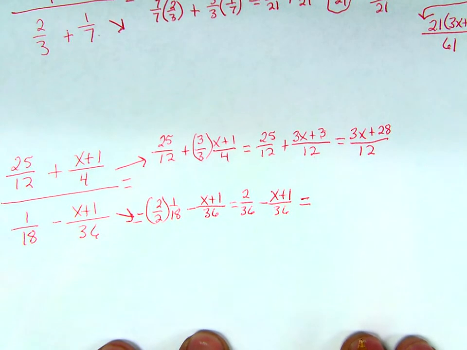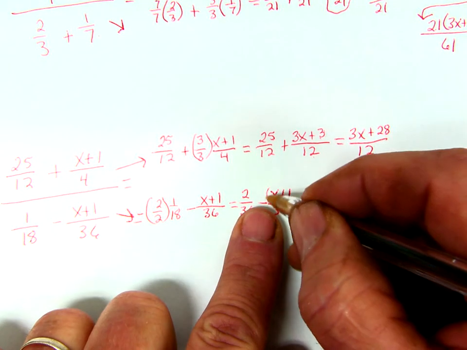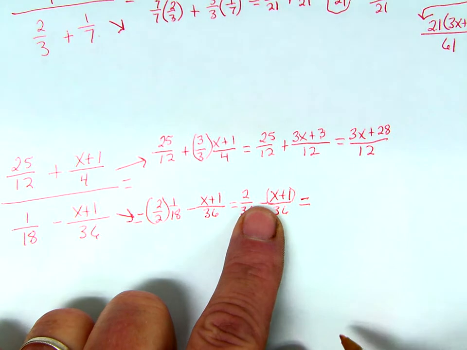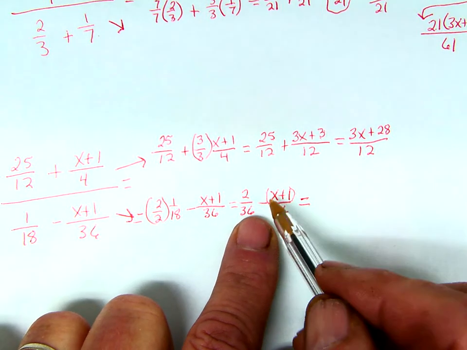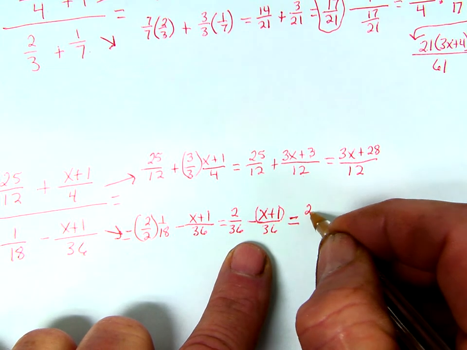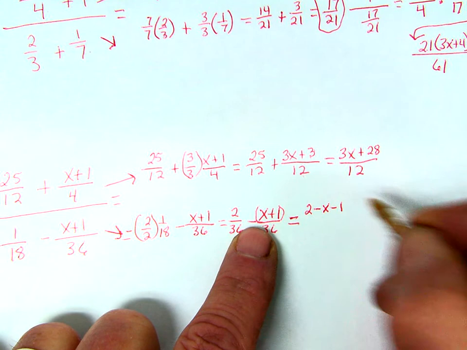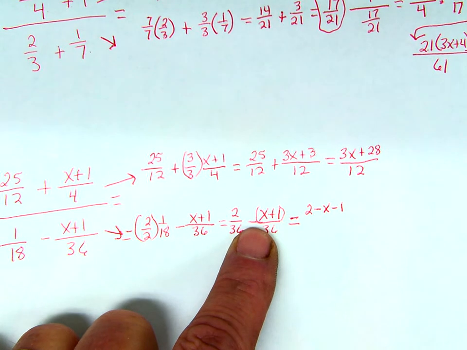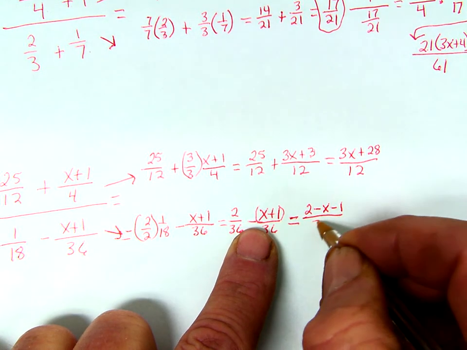Right. Watch how I do this. This x plus 1 here is actually in parentheses and is being subtracted. So the top of this turns into 2, take away x, take away 1, over 36.